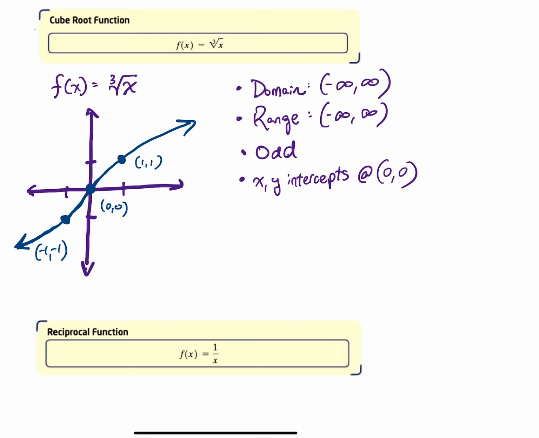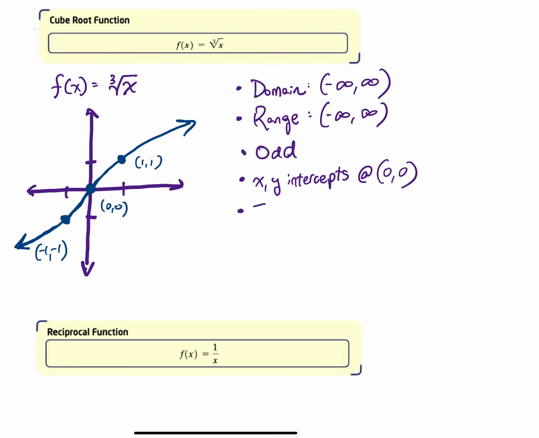That's happening a lot for us for these parent functions or for the library of functions, but we'll see as things get shifted around, this will change depending on how the function has been modified. This function is increasing across its entire domain. Any point you have, the point to the right of it is a little bit higher. So it's increasing everywhere.